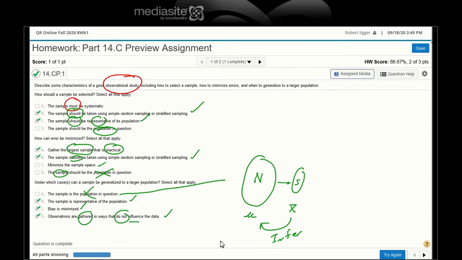If my sample size is the population, that's not really doing a statistical study. We do want to have representation of the population. We do want to minimize bias. And we do want observations gathered that do not influence the data.